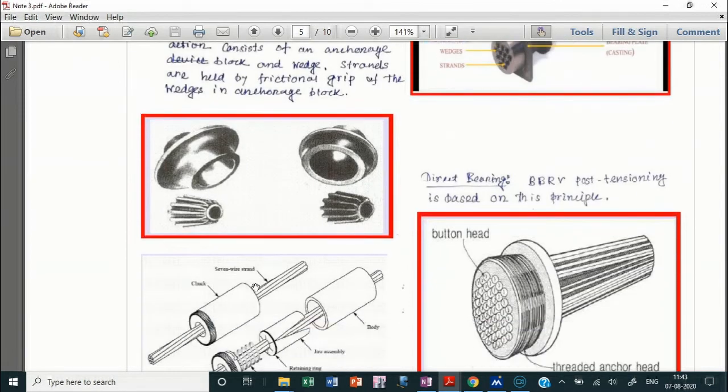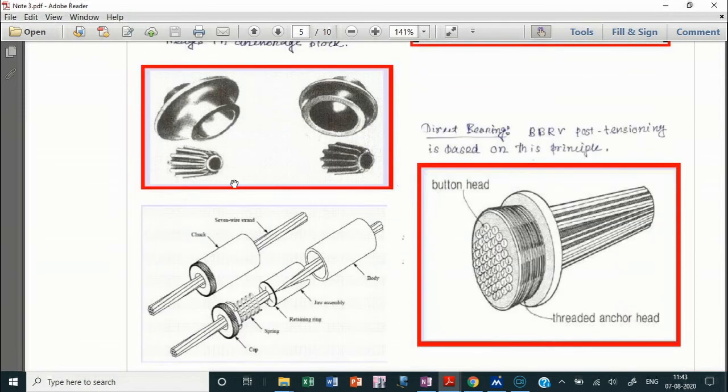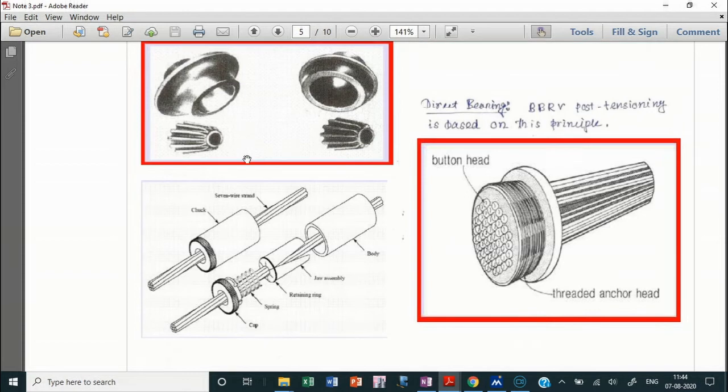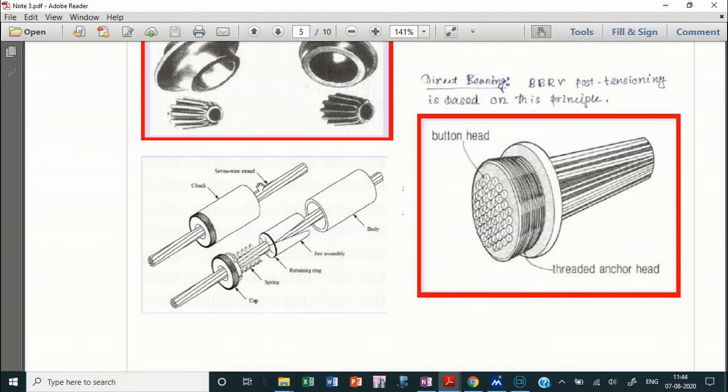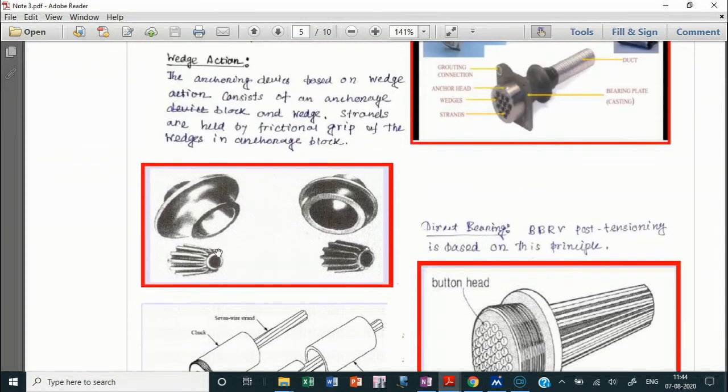What it does is grip the anchoring wires against these cylindrical chucks, cylindrical vessels. That's the way to use this kind of system.